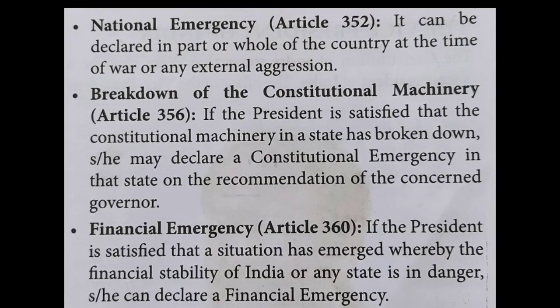The governor must recommend to the President that in the state the constitutional machinery is not working properly. In that case, the President may declare a constitutional emergency, and thereafter President's rule will be imposed.